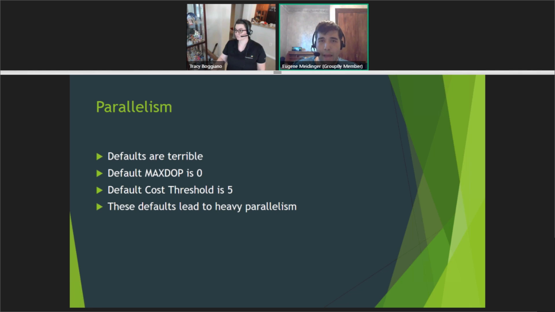The first one is MAXDOP, which is max degree of parallelism. That's basically when you run a query, how many cores can it use? And the default is 0, which means infinite. If you've got some HP Thunderdome Super Mega X machine with 128 cores, and you run a big enough query, it can split it out amongst the 128 cores with that default setting.